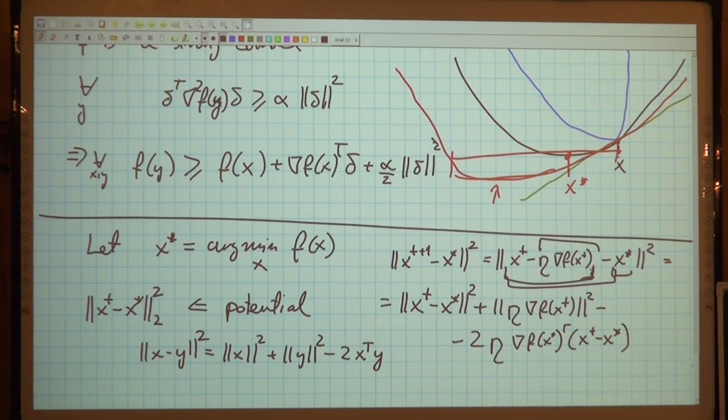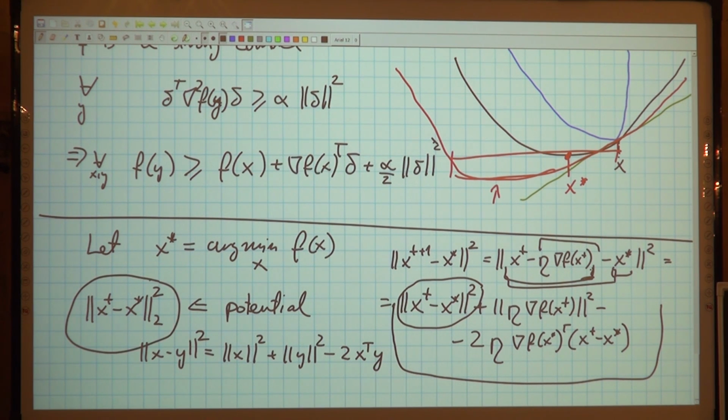So this is what we get. Now, the nice thing is the first term is just the potential we had in the previous step. So we just need to analyze this part.